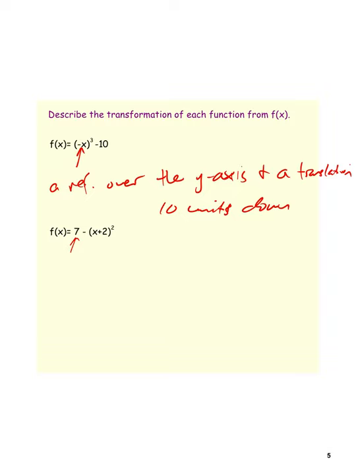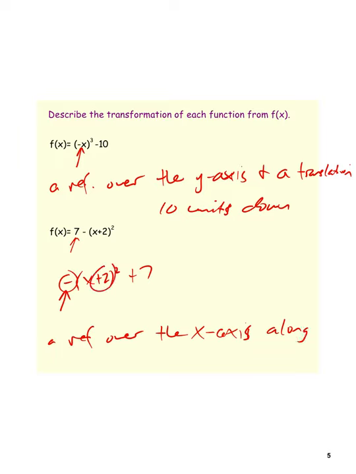What you're seeing here is that I could rewrite this as negative x plus 2, squared, and then plus 7. That might look a little more normal. Keep in mind the negative out front means that this is a reflection over the x-axis. So that's the negative out front.